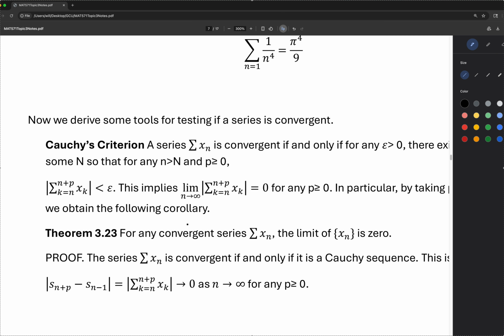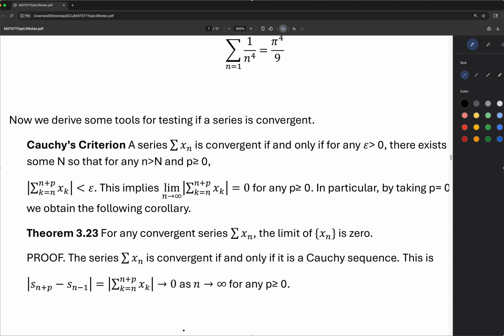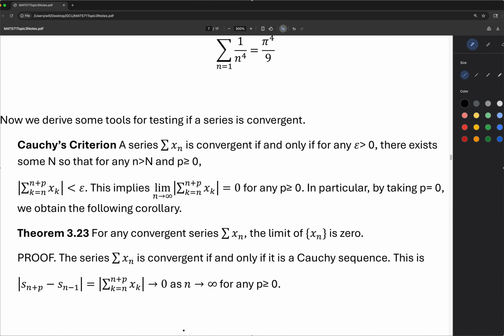And then in general, we may have series that are not just a geometric or P series. So this is the general criteria you may want to consider: Cauchy's criterion.